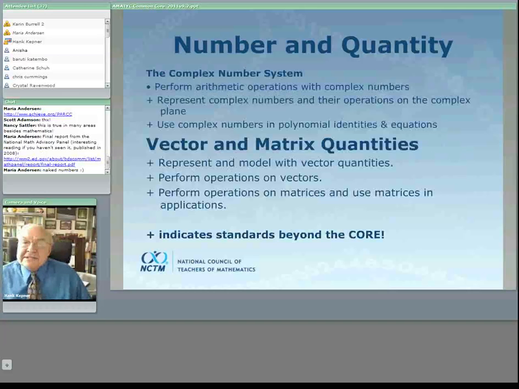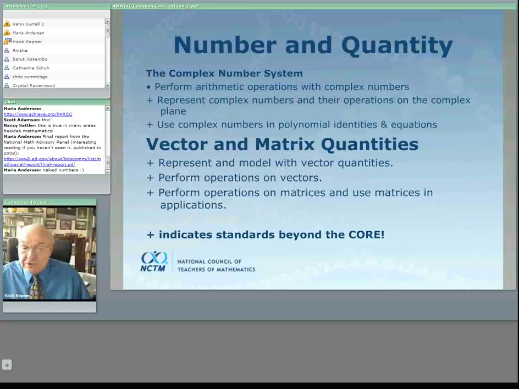Algebra has some of the standard topics you would expect. The part that is maybe more intriguing is a very special note of the idea of function. And function really is the idea of interpreting expressions, interpreting things that are in context, and writing the expressions that describe a contextual thing from the sciences, social sciences, or business world, and then putting it in algebraic form.